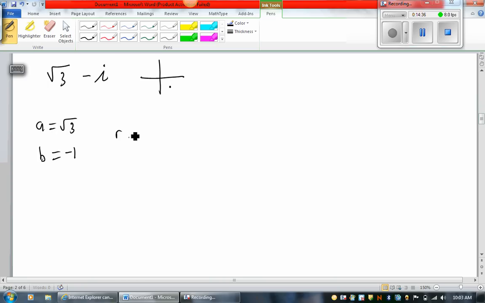Knowing this, we can find our r value, which is radical a squared plus b squared, so radical 3 squared plus negative 1 squared. r equals 2. I'll plug it into the calculator. Knowing that, we can just go ahead and find all our stuff right now.